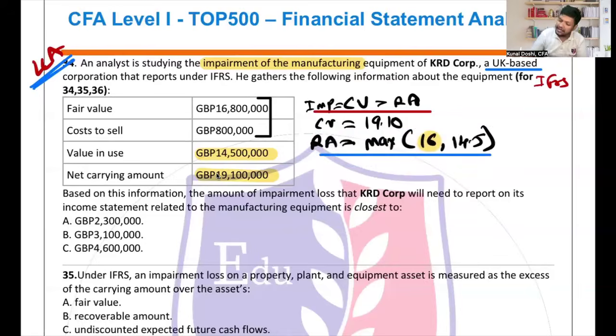And then the difference is going to be my impairment loss, because the recoverable amount has gone below. So 19.1 minus 16 is my impairment loss, which is 3.1 million. Understood, everyone? Very important. Clear?